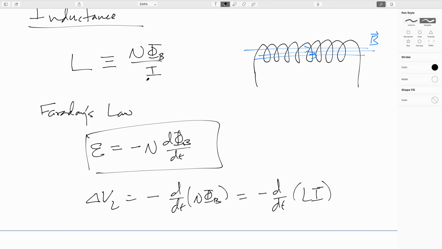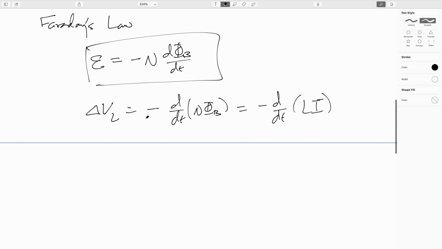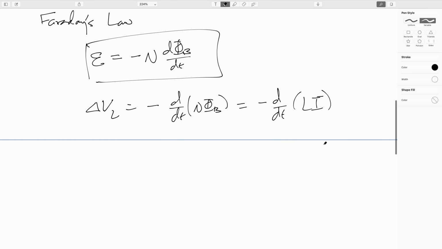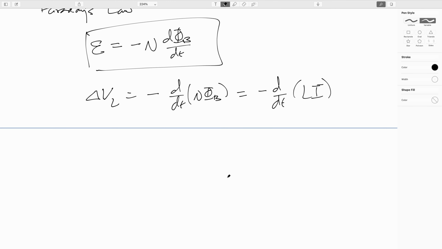So if we divide the current out, everything else depends on the details of construction. So this will be a constant. So times both sides through by L, I will get that it is minus d/dt of Li, but the inductance, we just argued, only depends on the details of construction. So we can say that the voltage across our inductor is minus L di/dt.